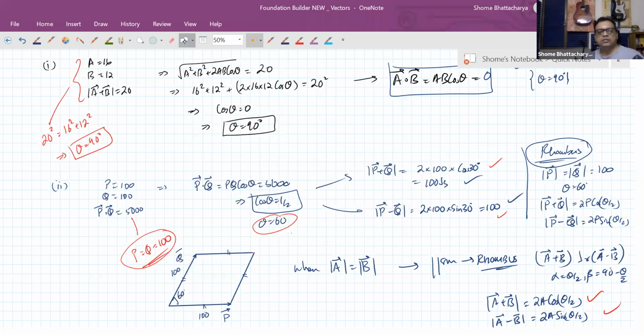let's ensure that the sum and the difference is such that this angle is equal to this angle. Okay.